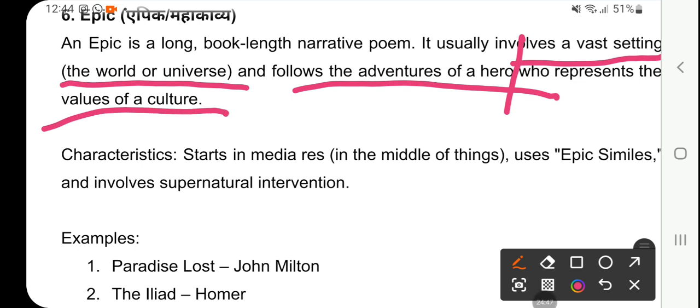In the Ramcharitmanas, in the hero's difficult time, how does he behave? That is very important. That is a part of the epic. So an epic is a very big book, and here the hero represents the values of culture.